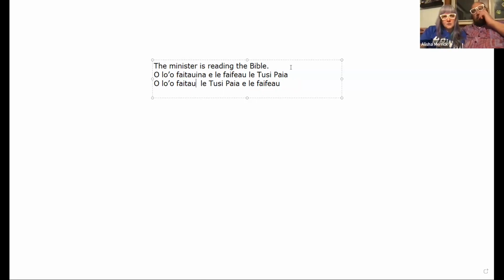And is there a way to know when they add just an A or when they add the INA? That part, no, I think that's just getting used to it. Okay, let me write some examples down. I guess this is actually a good exercise. I need to incorporate this with the classes.